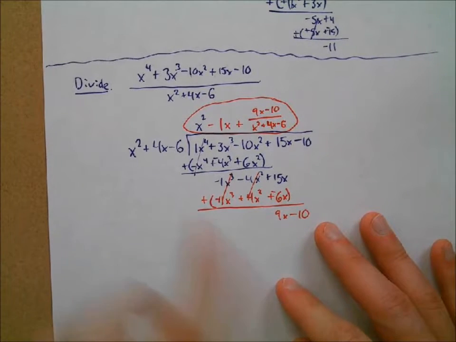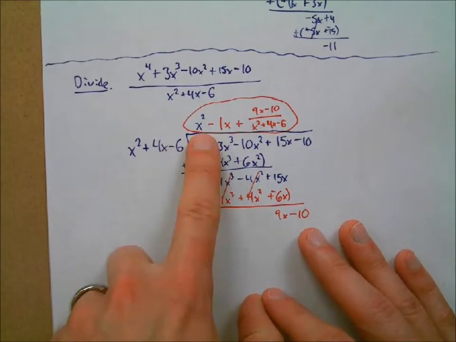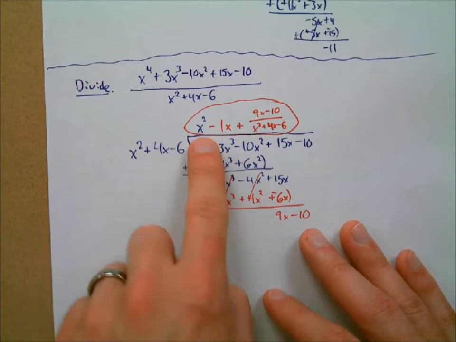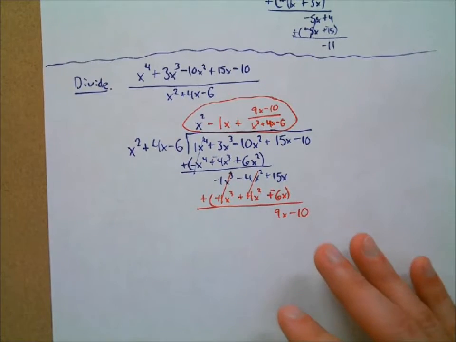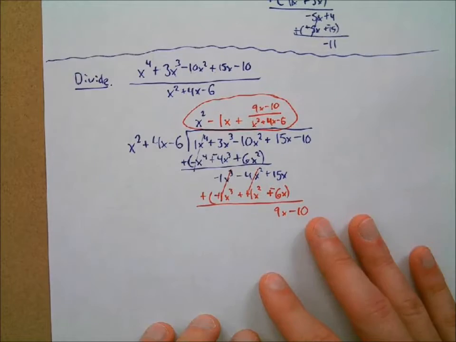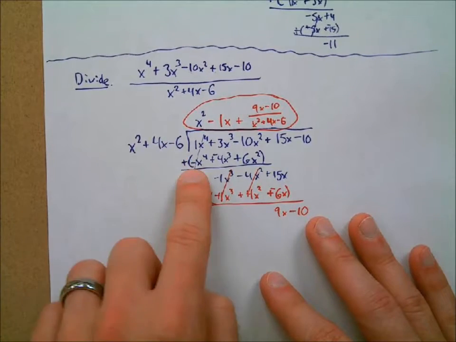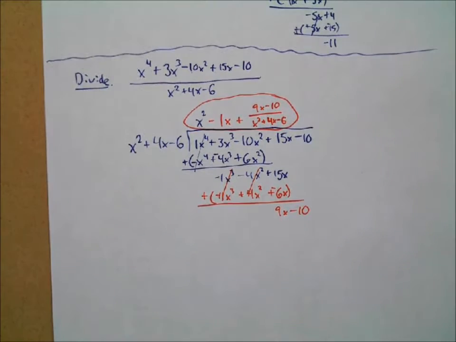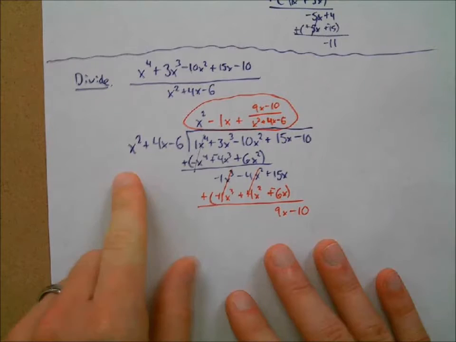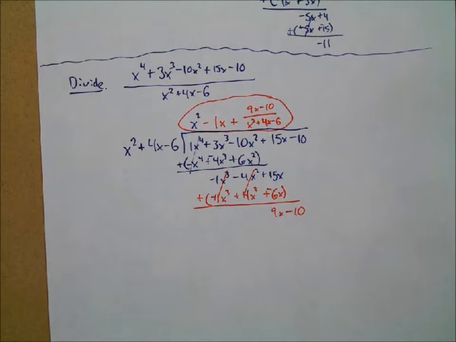You use the lead term, x squared, and ask yourself, what times x squared gives you x to the fourth? That's probably the better way to go. And then you distribute it. X squared times that, x squared times that, x squared times that, and you write them all out. Oh, I see. Because it distributes to the whole thing you're dividing by there. And then you bring it down. Okay? And keep doing that to continue the algorithm.